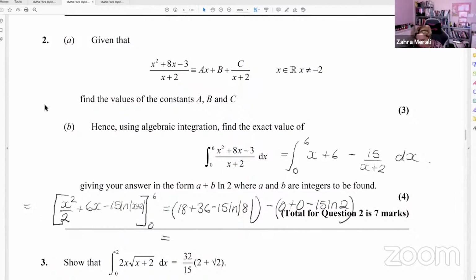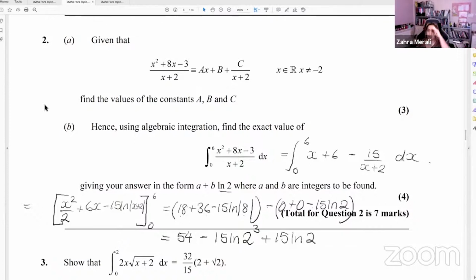So if I put my numbers together, I've got 18 plus 36, so I've got 54. And then I've got minus 15 ln 8, but I actually want it as ln 2. So I'm going to rewrite that as 2 cubed, minus minus plus 15 ln 2.